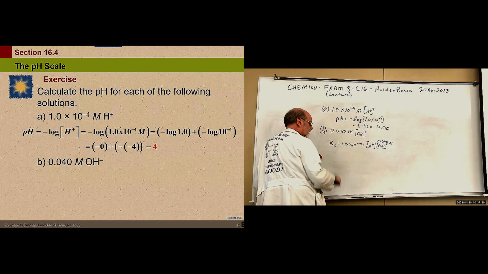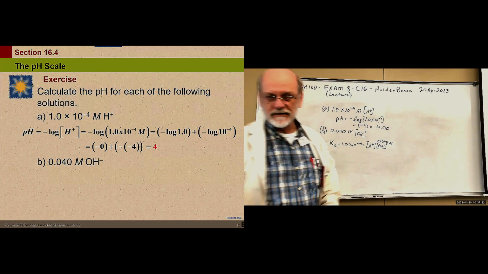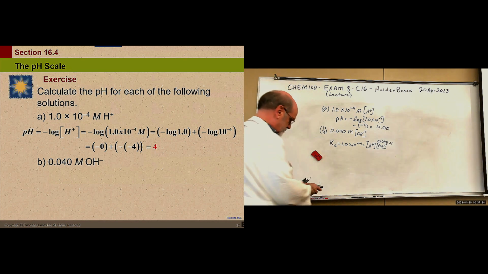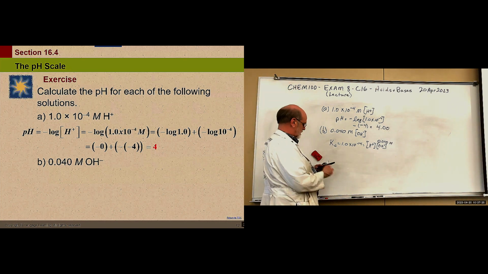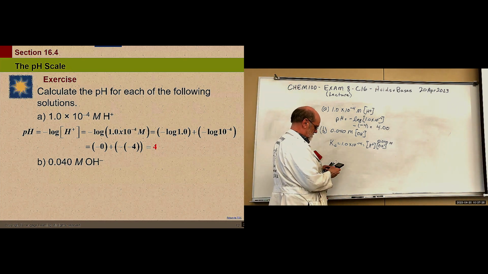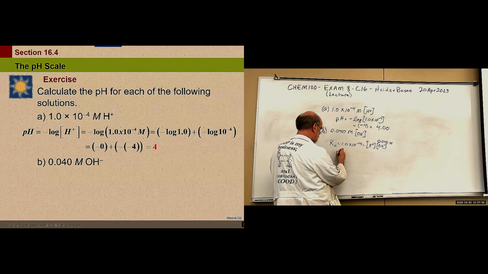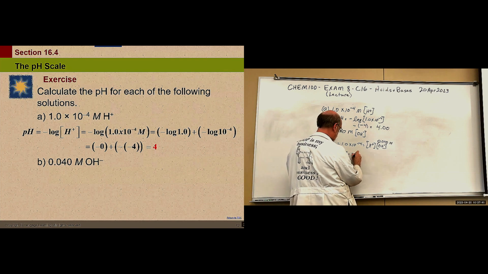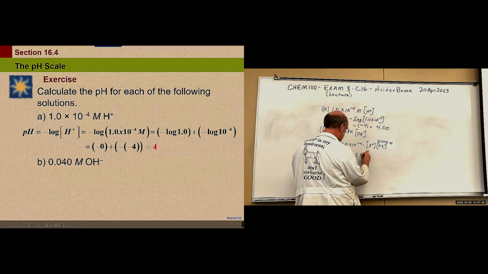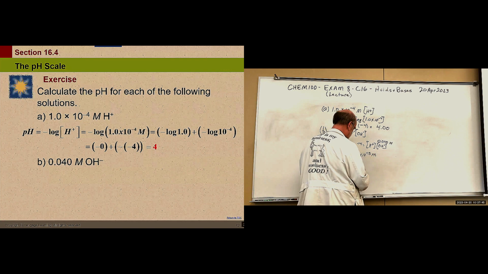So 1 times 10 to the minus 14 divided by 0.04 is equal to 2.5 times 10 to the minus 13 molar.